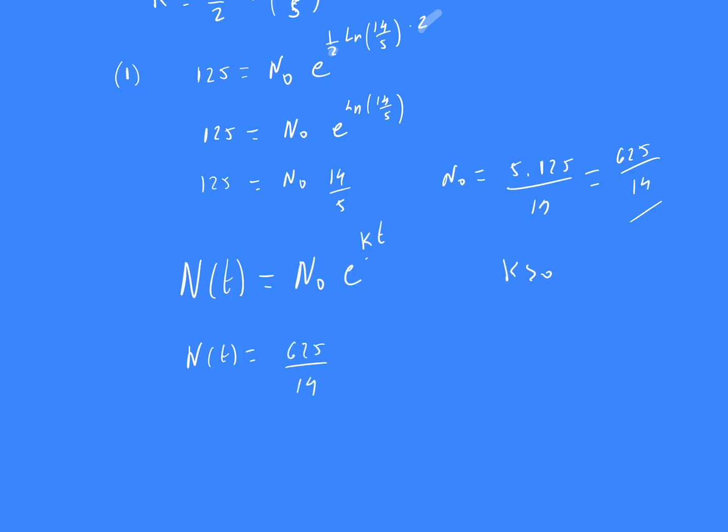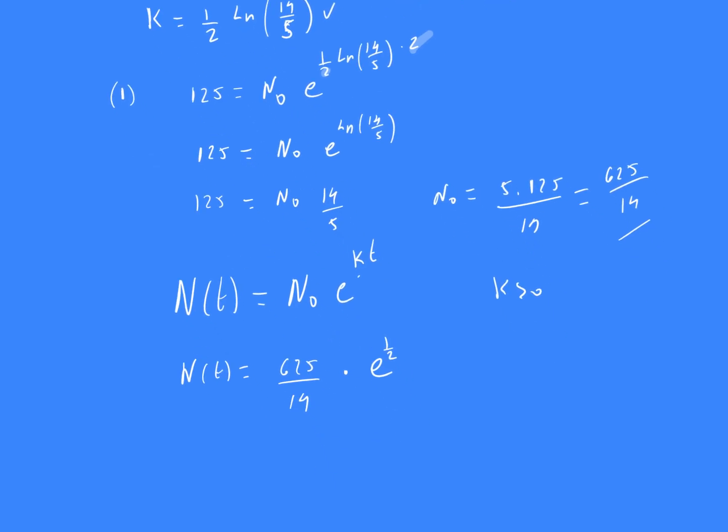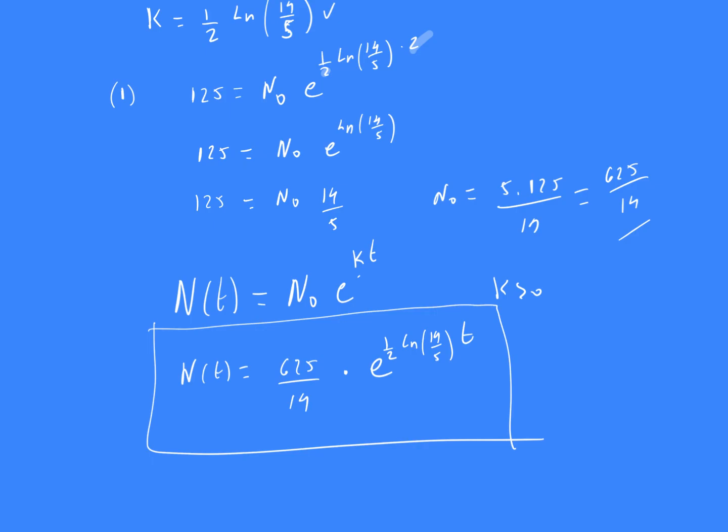Okay, so N of t will be the N0, 625 divided by 14, multiplied by e to the k, which is 1/2 natural log of 14 divided by 5, times t. This is my law. This is the law of how the number of bacteria is growing.